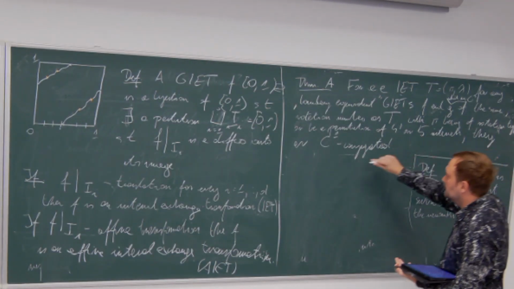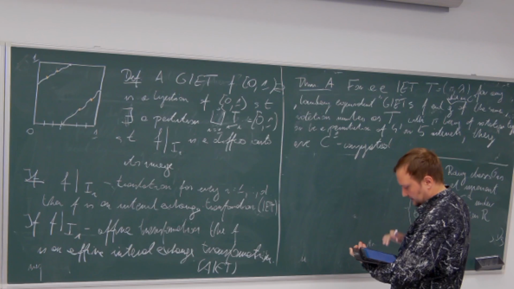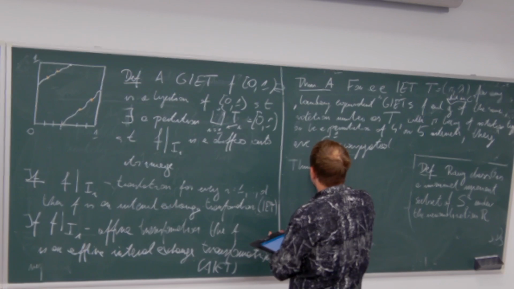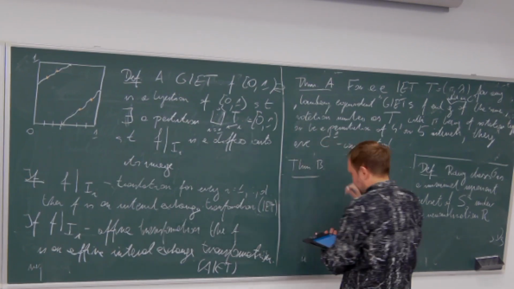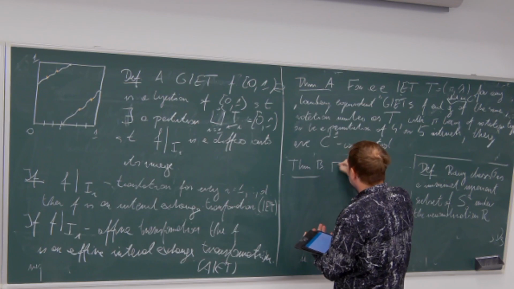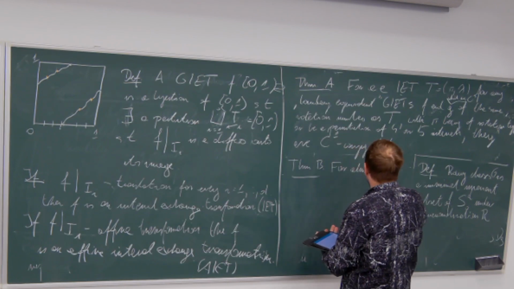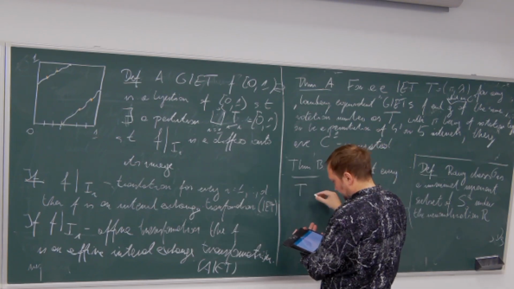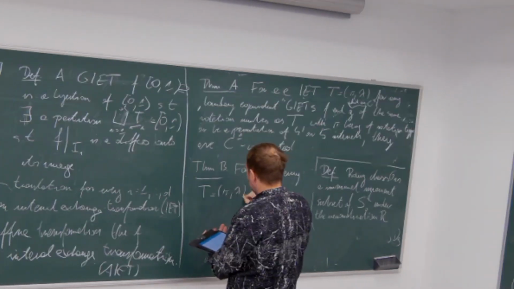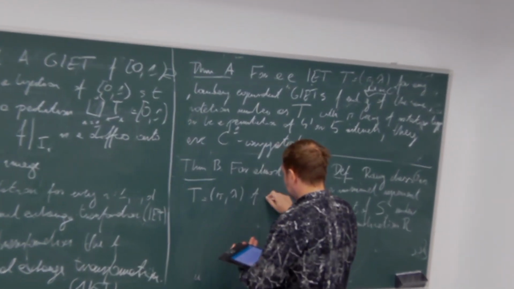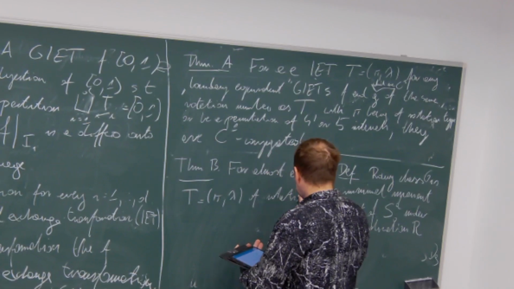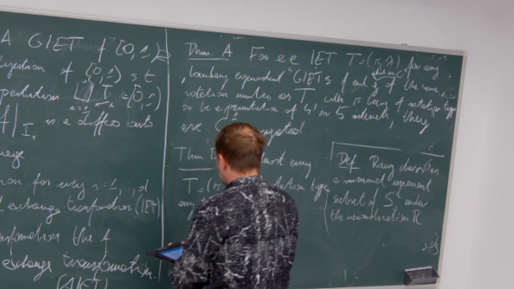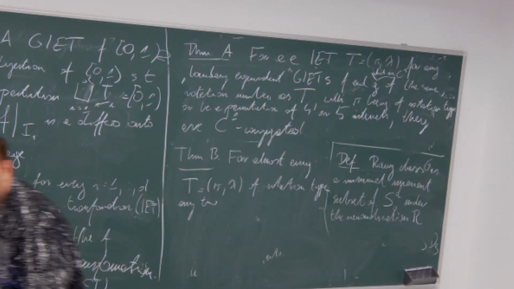Okay, they are C1 conjugate, and we have a theorem B, which is a little bit of a corollary from this theorem A, but still you have to do something. So for almost every T, pi, lambda, but just of rotation type, any two, this is a direct generalization of this theorem.